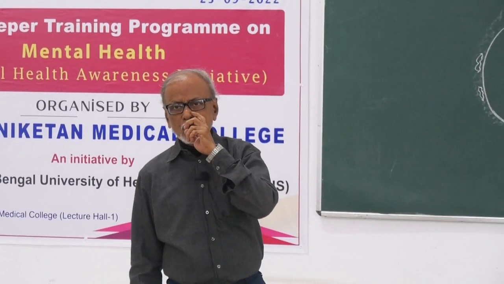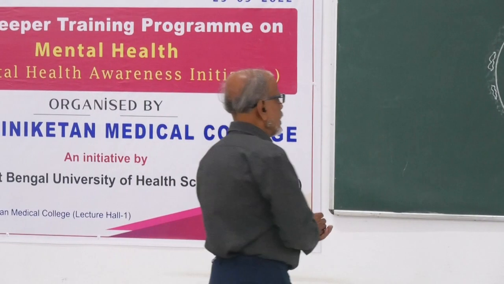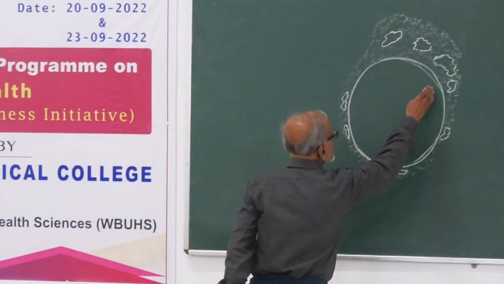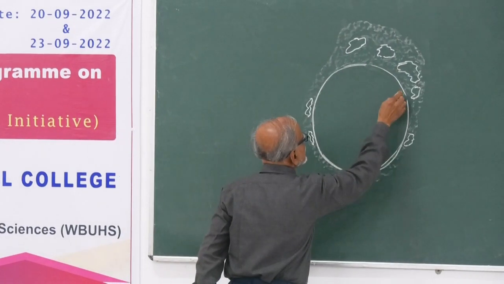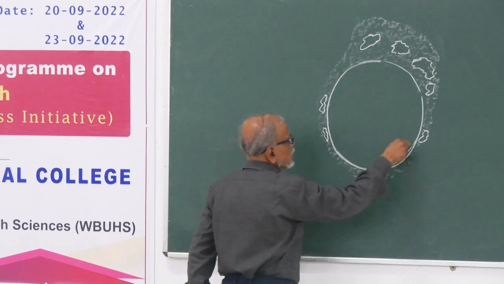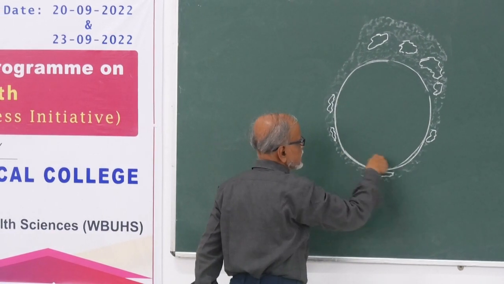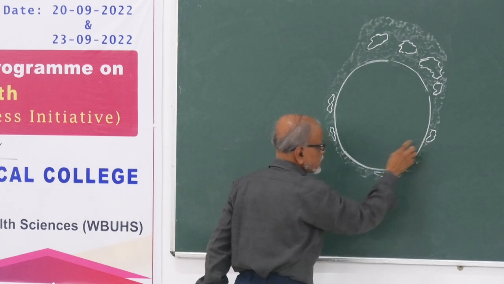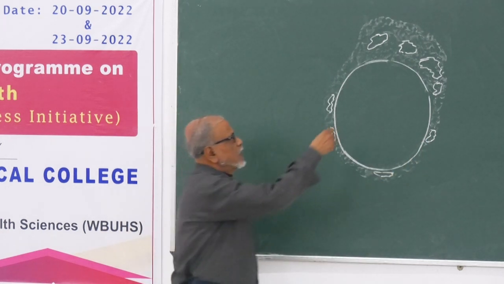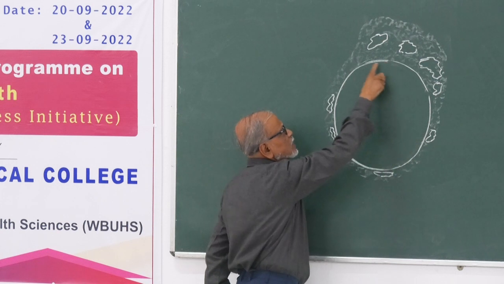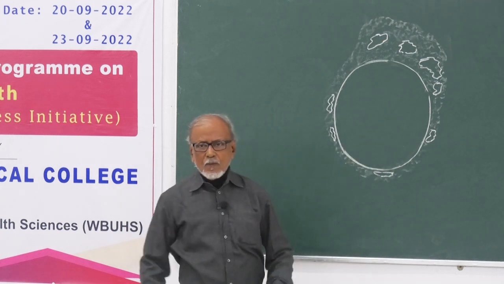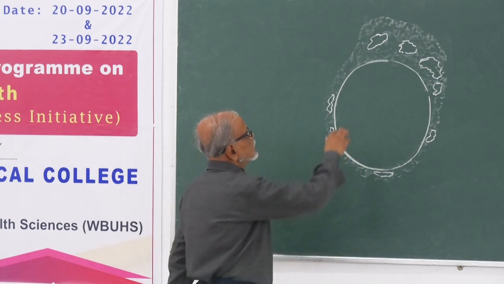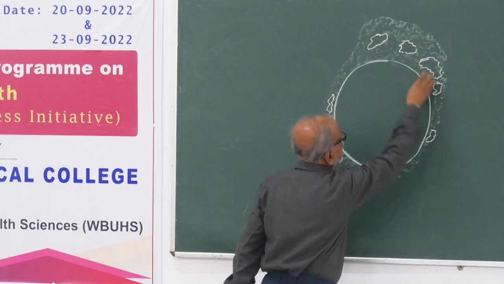That is syncytial trophoblast. This line represents the cells with defined margins. Therefore, this is nothing but the cytotrophoblast. This white line represents the cytotrophoblast. This is syncytial trophoblast with the lacunae in place.